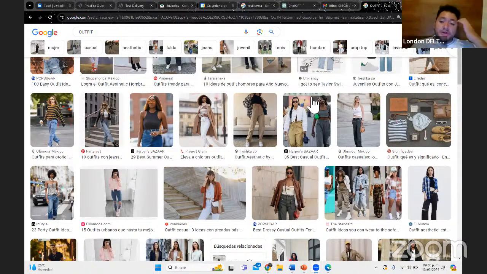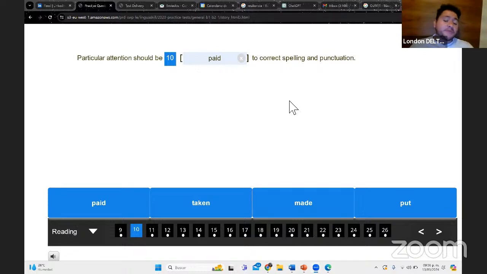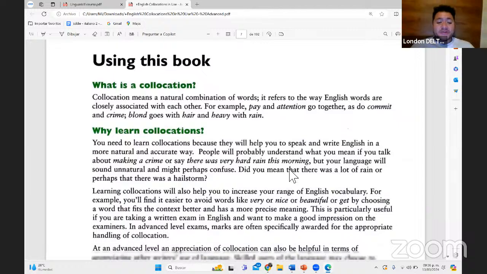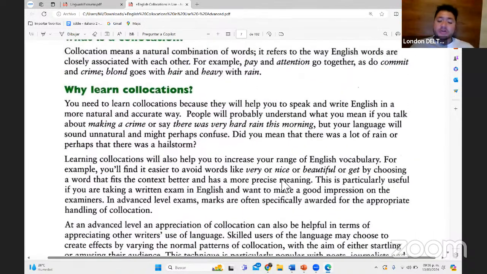So that's why in this practice question, you can say put attention. Alguien puede decir, por ejemplo, put attention. Y un nativo diría, ok, entiendo lo que dices, pero no es natural, ¿ya? So that's why it says, esto te va a ayudar a incrementar tu rango de vocabulario en inglés, and you avoid translating into English.